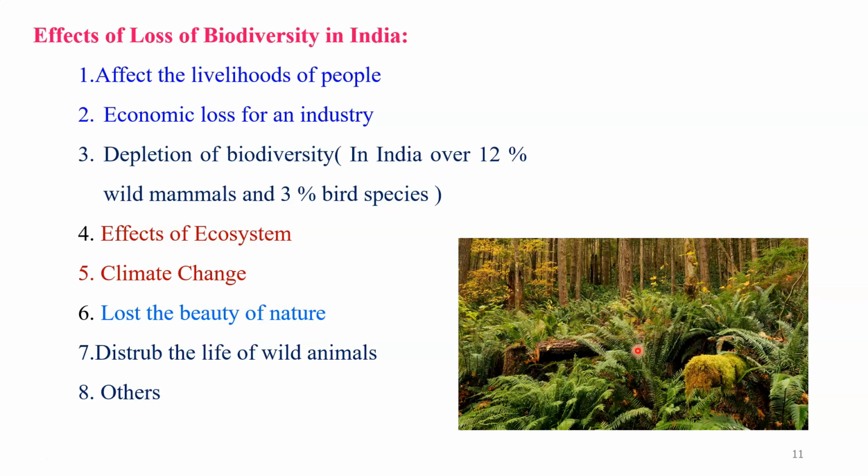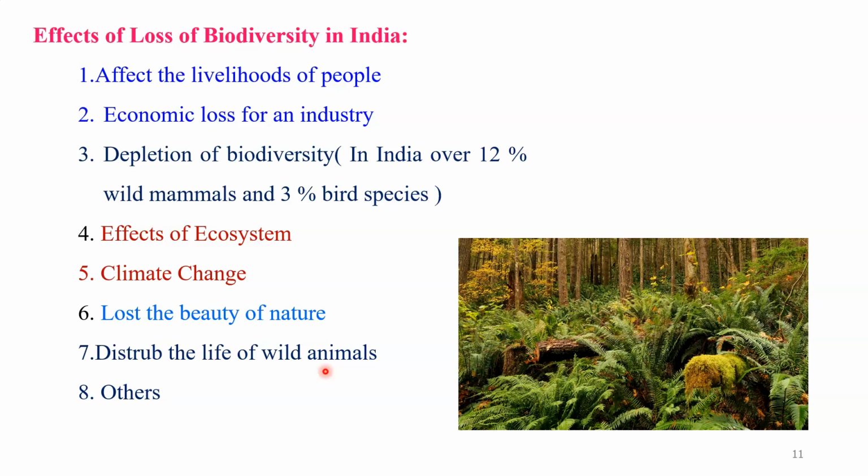I am talking about the very great natural beauty in the Himalayan region and the Western Ghats. Unfortunately, we are not able to protect it, and therefore it is lost very fast and disturbs the life of wild animals. You know that near every city, whether Pune, Nashik, or Mumbai, wild animals are entering the city area. Why?